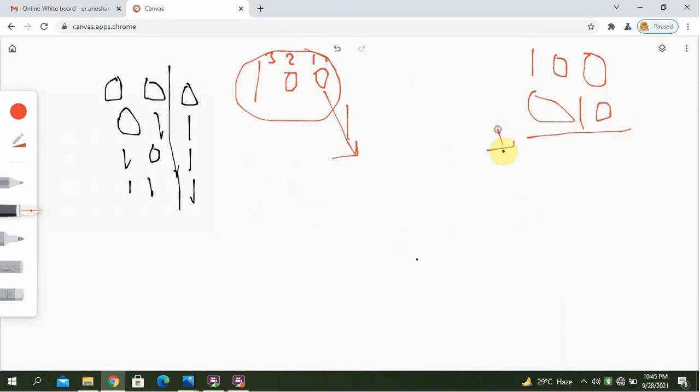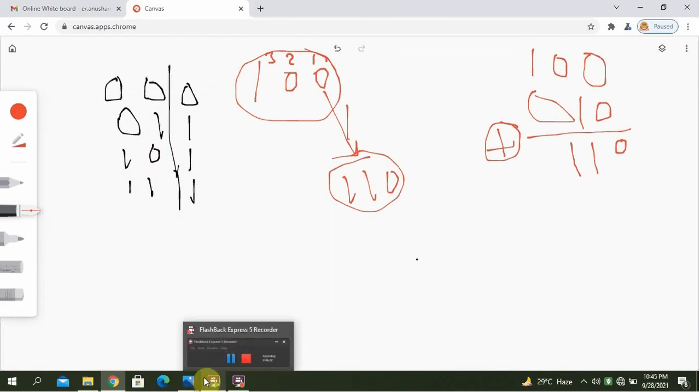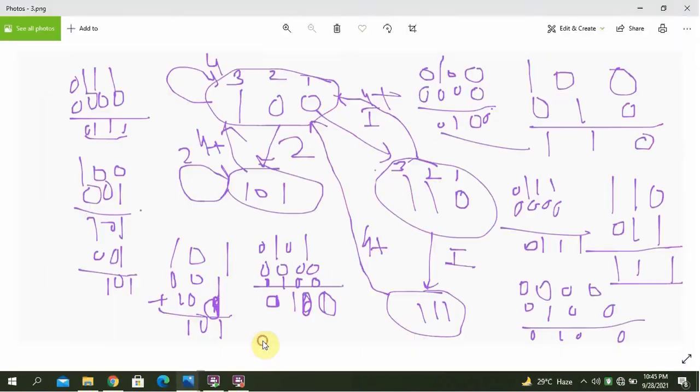Now the bitwise OR operator gives 1 1 0, that is another state, 1 1 0.